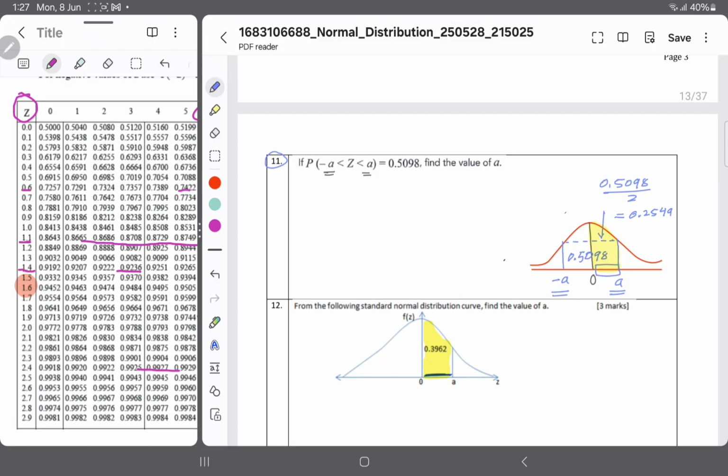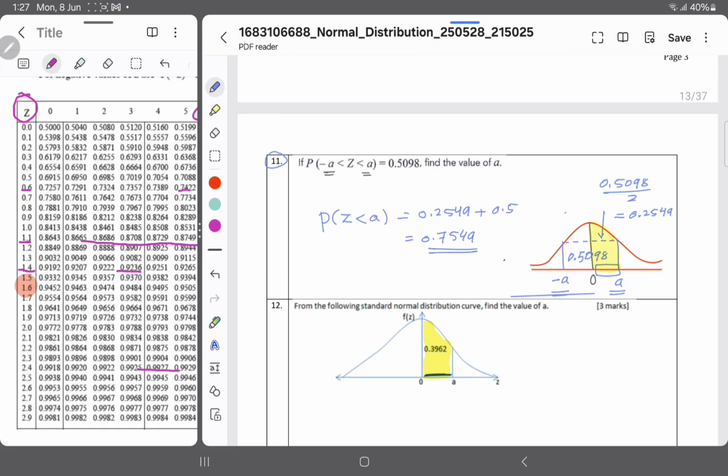And the area below 0 is equal to 0.5. So the total area below a is equal to the area between 0 and a, which is 0.2549, plus the area below 0, which is 0.5. So the final will be 0.7549.